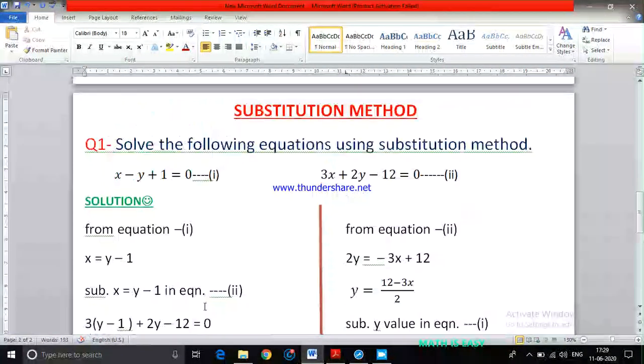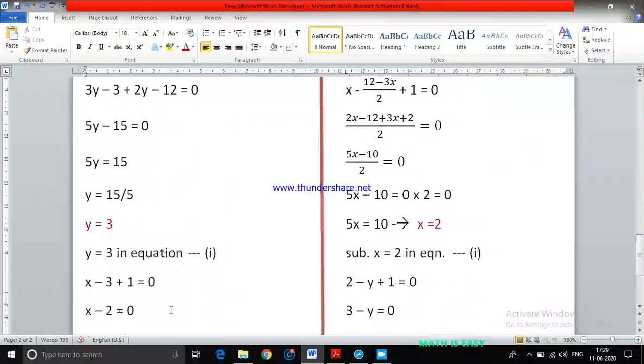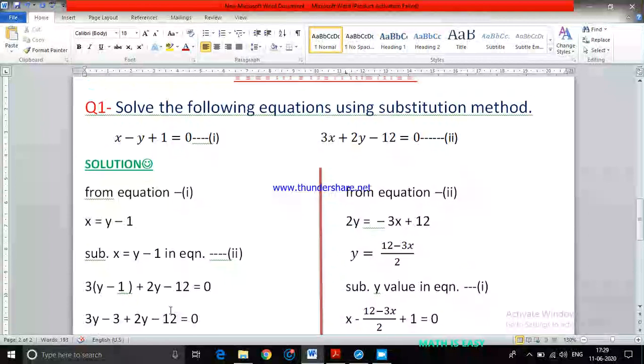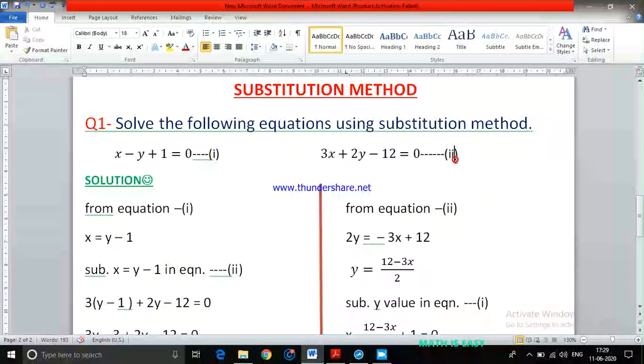So whether you use equation number 1 and substitute in equation number 2 and solve, you get the same answer. And if you use equation number 2 first, whatever the x value or y value you get, here I got the y value, you may get the x value. So if you want the x value from here, then I get x equals to 12 minus 2y upon 3, then I can substitute in the equation.